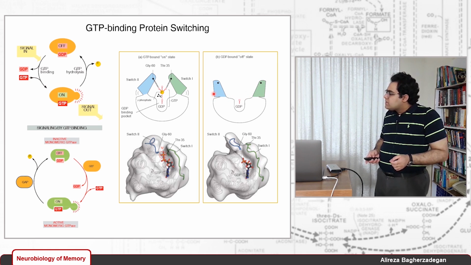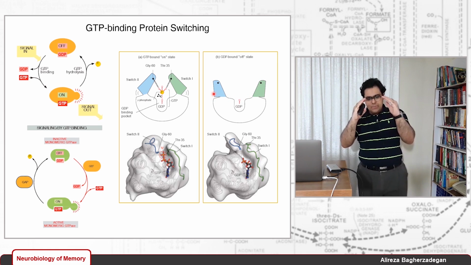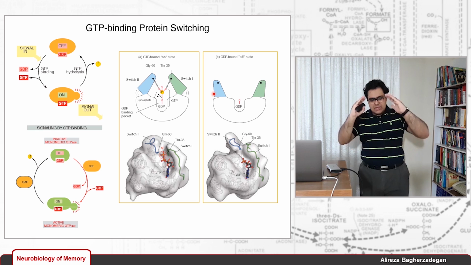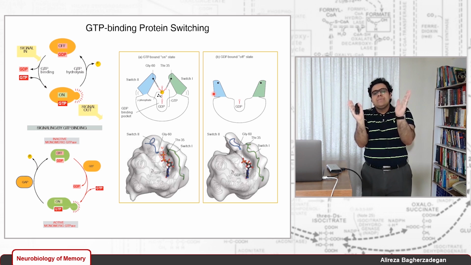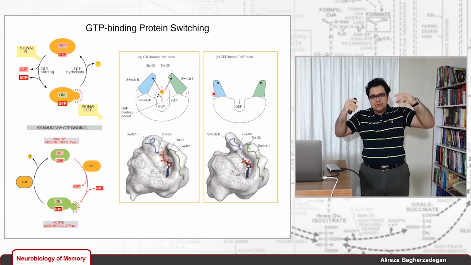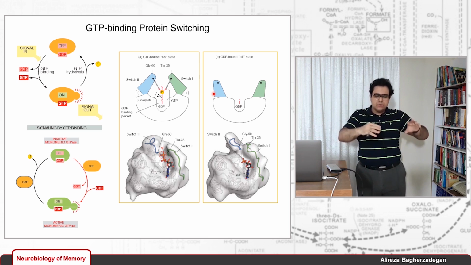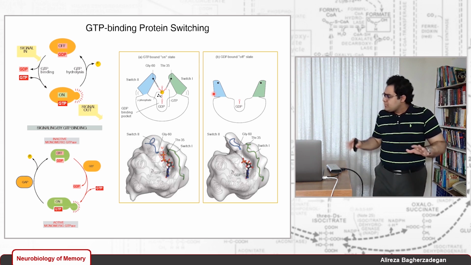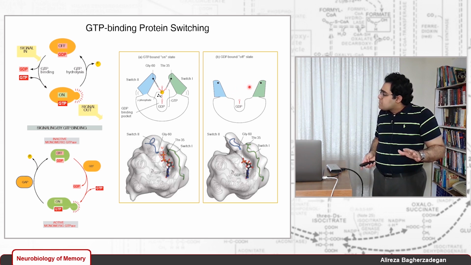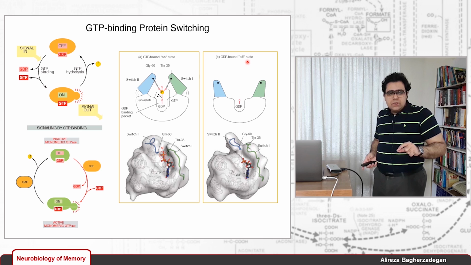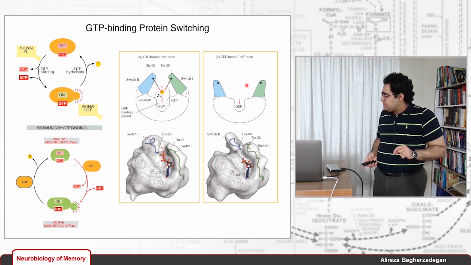So now these two switches undergo a conformational change, and they change their position and conformation so that they're no longer able to interact with other effector proteins. So that's why when GDP is bound, the G protein is inactivated.